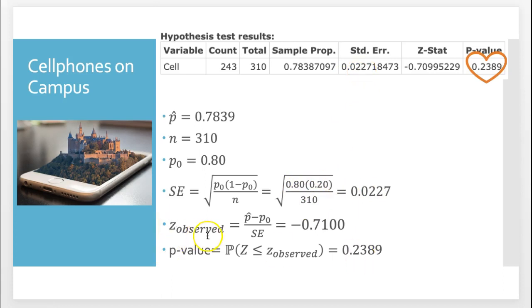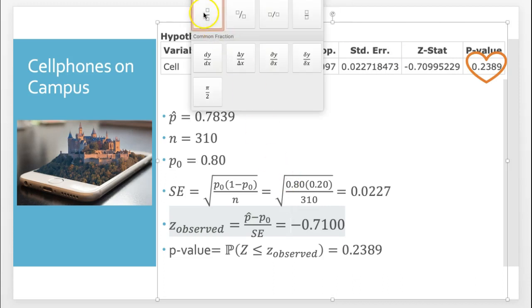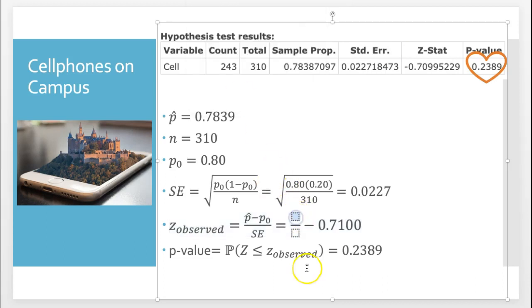Of course, our z observed is this z stat here. How they got it was the sample proportion minus the proportion under the null, all over the standard error. We can write it out with an equation as a fraction: 0.7839 minus 0.80, that's p-naught, over the standard error assuming the null hypothesis is true, 0.0227.